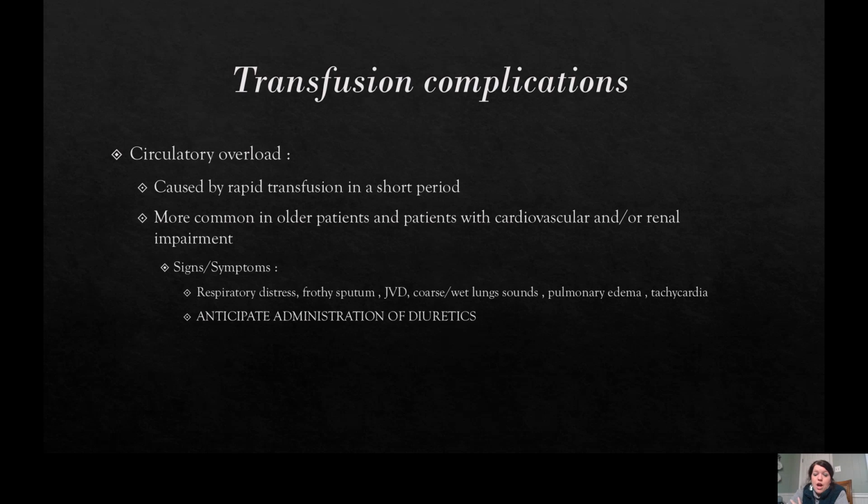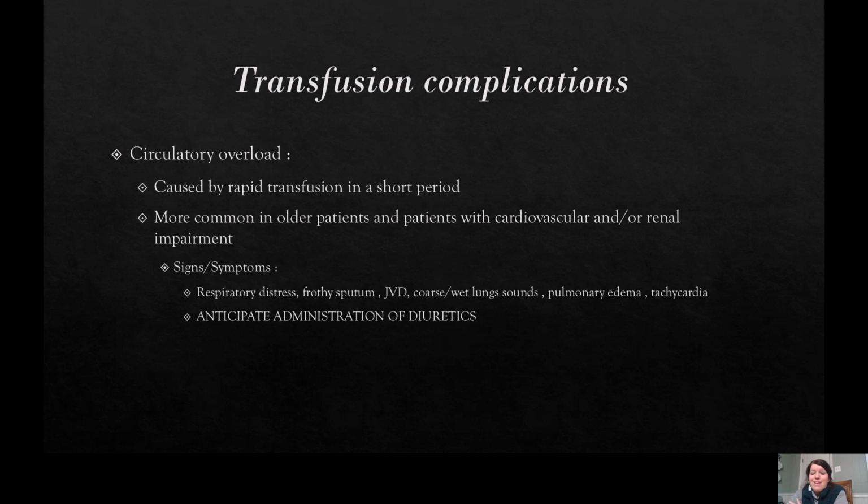Lastly, we have circulatory overload. It's caused by rapid transfusion in a short period. It's most common in older patients and patients who already have renal or cardiovascular impairment, the same patients that are at risk when we are giving intravenous fluids. In regards to what we're looking for, remember we're talking about heart-like symptoms.